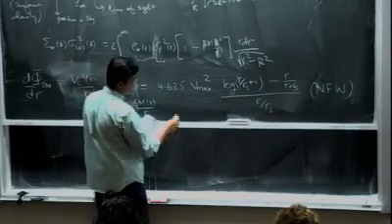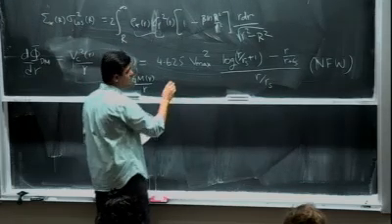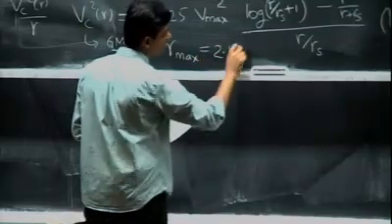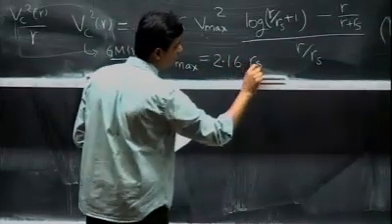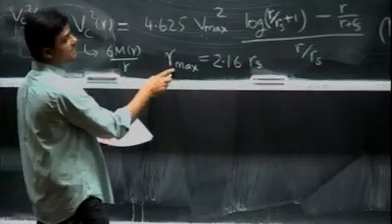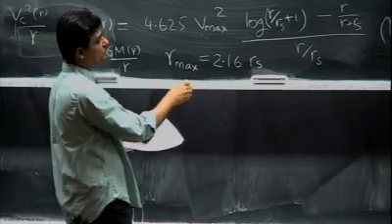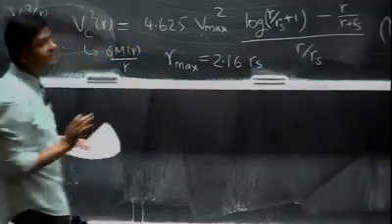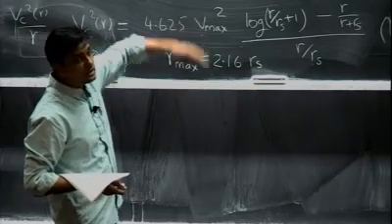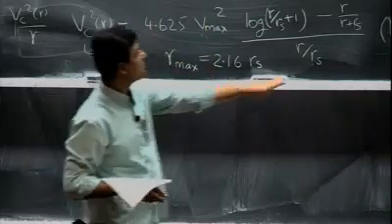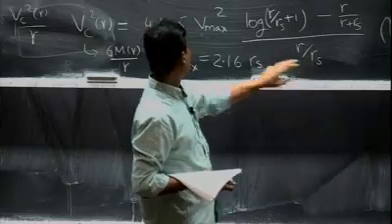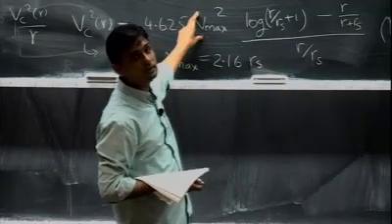So oftentimes people trade rs for this thing, rmax, which is roughly 2.16 times rs. And if you plug in, this function vc attains a maximum at rmax. So you can think of it in terms of rs or rmax, it doesn't really matter. But there's some parameter that sets the overall density normalization, and some parameter that sets the length scale. So this is the size of the halo, and that's how massive the halo is.